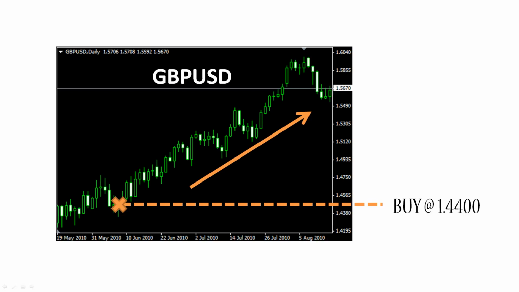As we recall from one of the previous tutorials, this means that at that point in time every single British pound was worth 1 American dollar and 44 American cents.